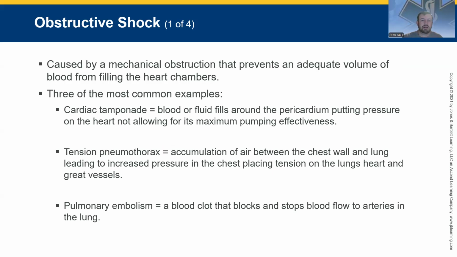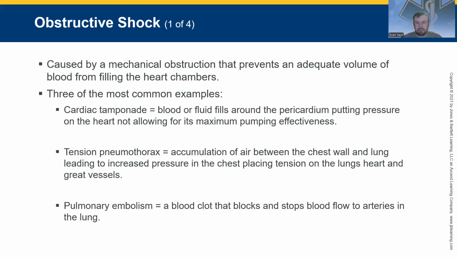That pericardium is the sac that goes around the heart. When fluid gets between it and the heart muscle, it takes away the ability for the heart to stretch open all the way. And so you're not getting that full preload before the heart compresses again. So you're going to get a decrease in blood pressure because you're not pumping the same amount out of the heart that you normally do.